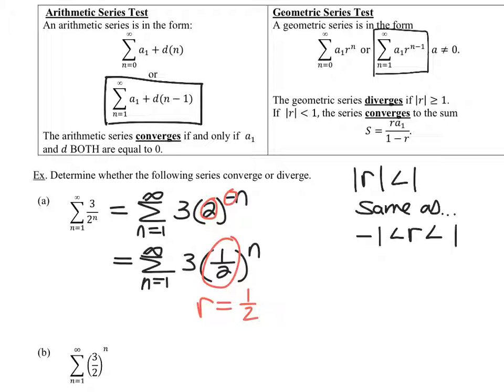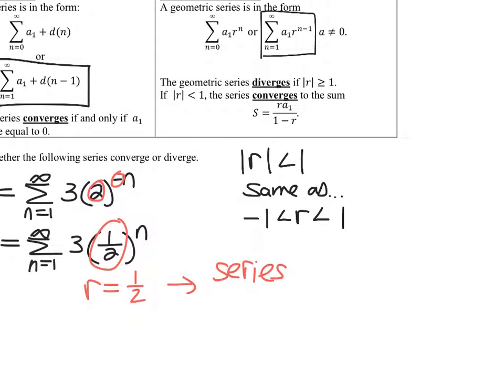So what we would say is the series converges by the geometric series test. Your conclusion statement is always going to have 3 important parts. 1, whether it's converging or diverging. 2, what test do you use to make that determination?